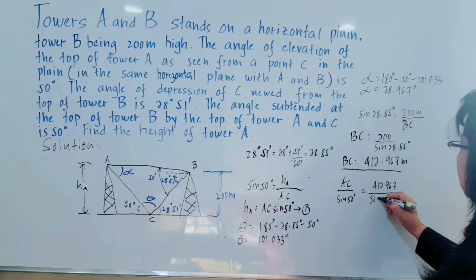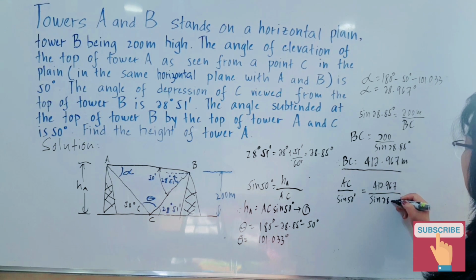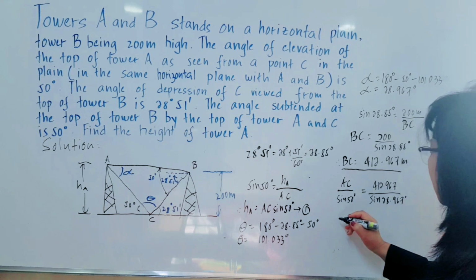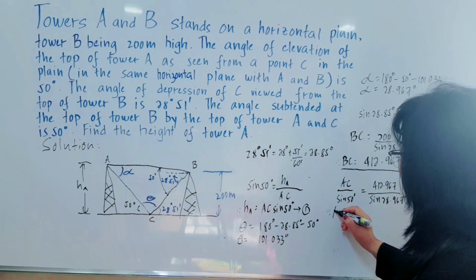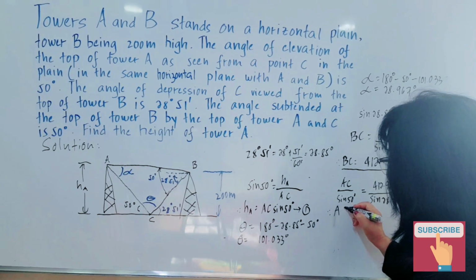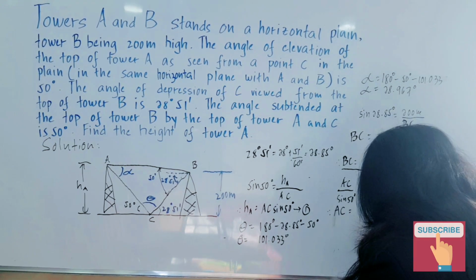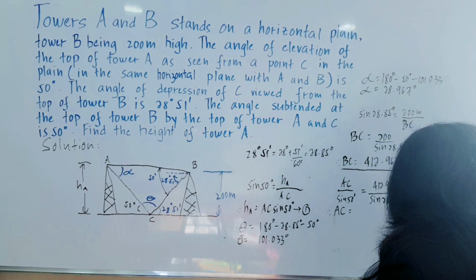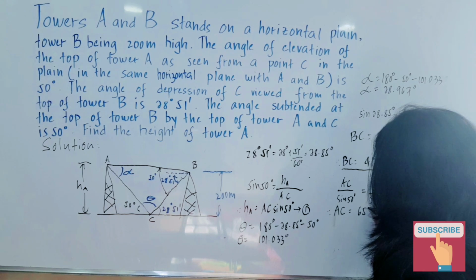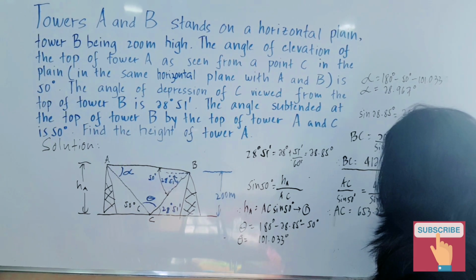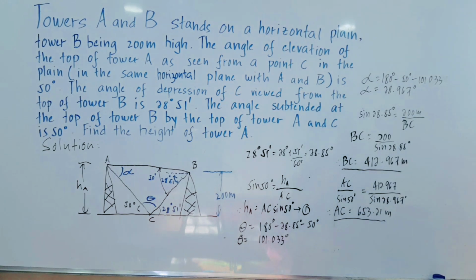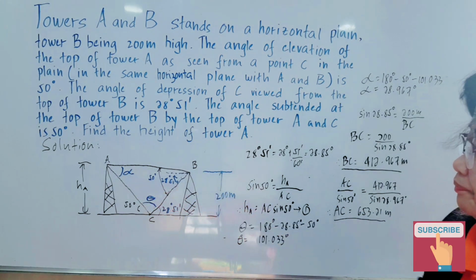So, sine of 28.967. AC therefore is equal to 653.21 meters.